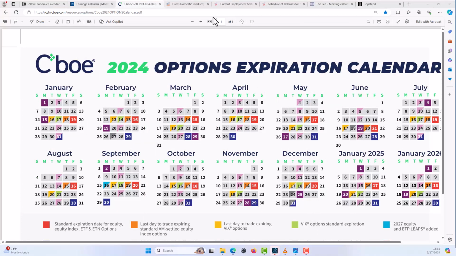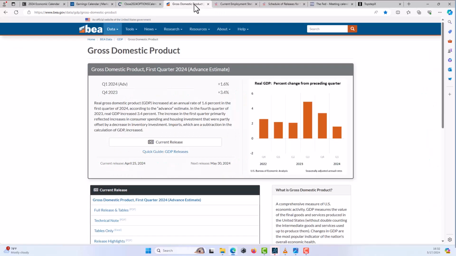Anyhow, go back here. So we have finished everything. The only thing left for this month is the GDP data coming on May 30. That's the only economic event that we expect.